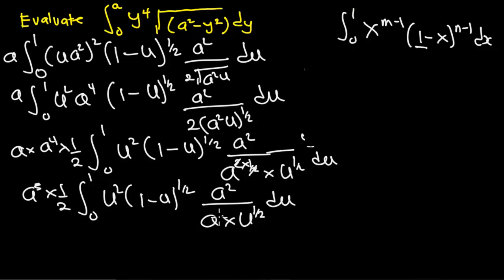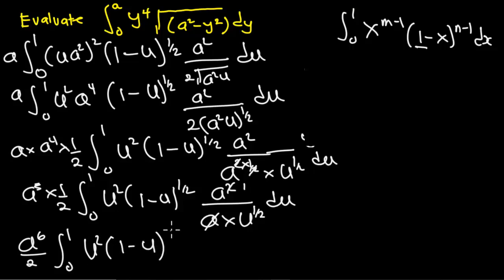Now from here, a can cancel out this, so we'll be left with 1 at the top. And then since we are differentiating with respect to u, that means a is constant, so we can bring a out, getting a exponent 6 over 2 times the integral from 0 to 1 of u squared multiplying 1 minus u all exponent half. And then here we are going to be left with 1 over u to the power half du.